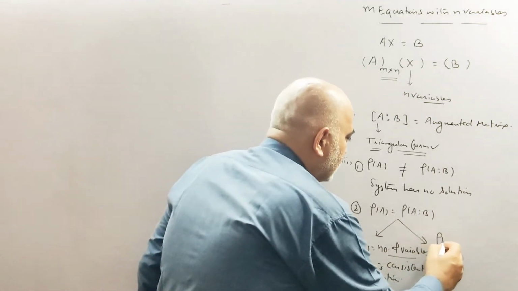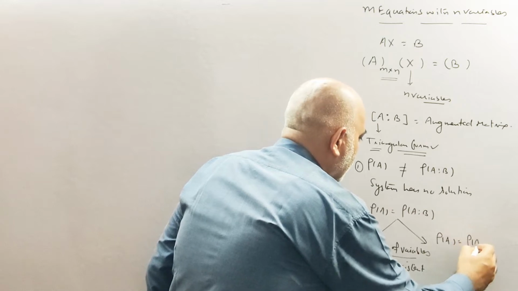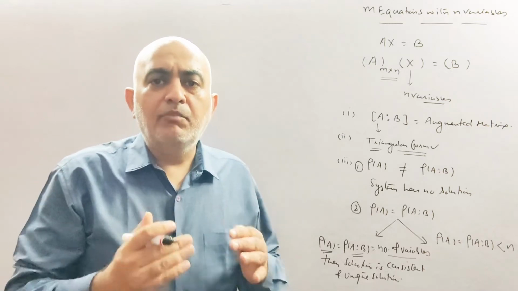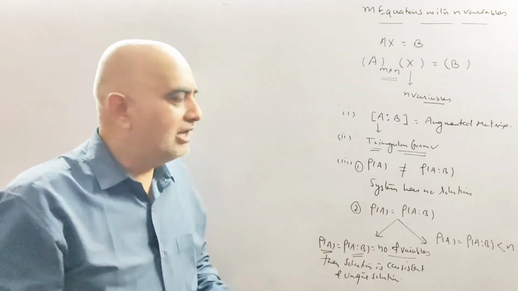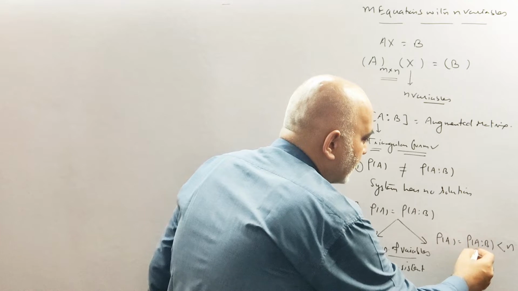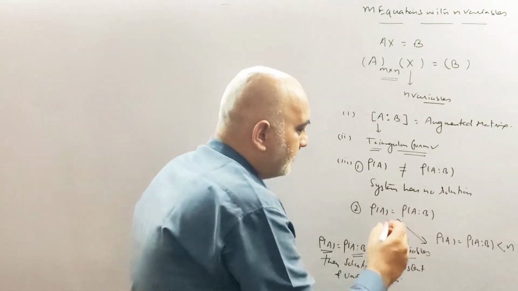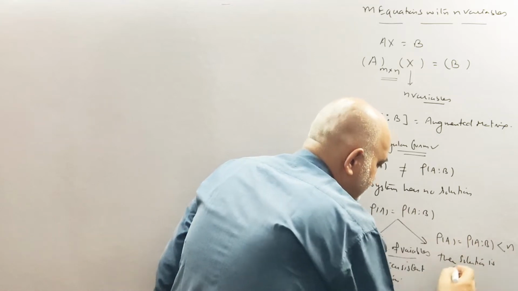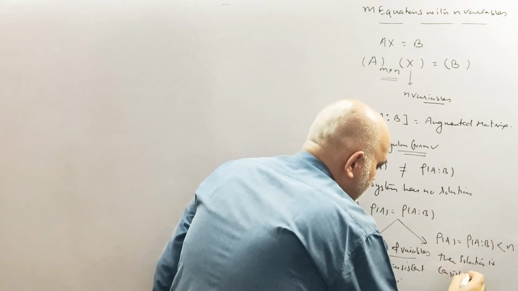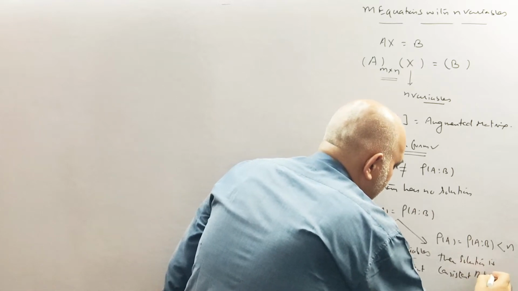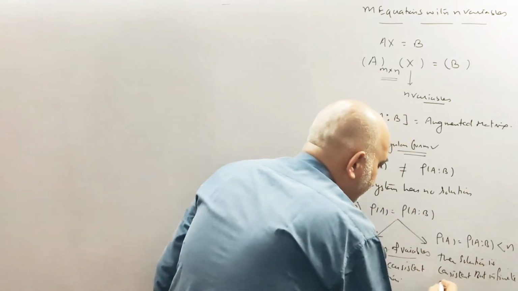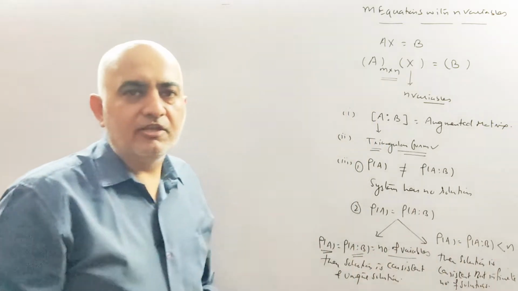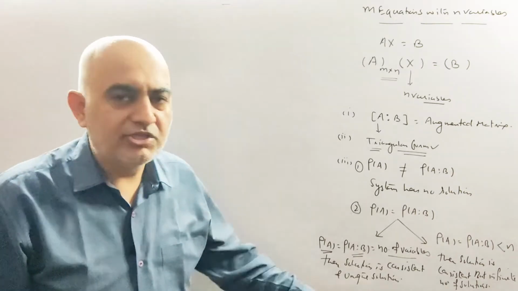But in the second case, if rank of A is equal to rank of A : B and it is less than n, means less than the number of variables, then the solution is consistent but infinite number of solutions are there.